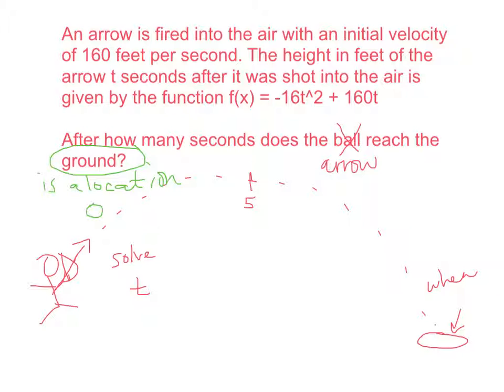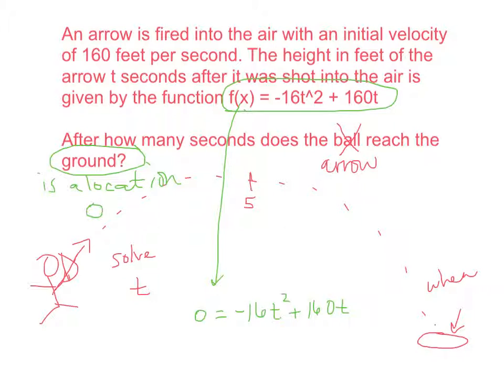So what they just gave you is, if f of x tells you the height, I now know the height is 0. I'm not trying to find the height. The ground's height is 0. You are no feet above ground. You are ground. So they gave you 0. They gave you the height. And I'm trying to find t.